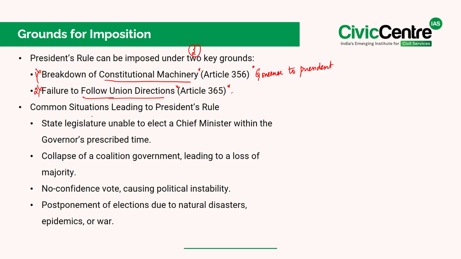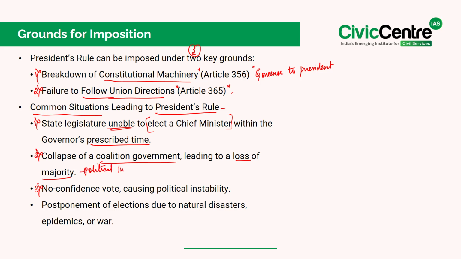And there are several political and administrative situations that can lead to the President's rule. One such scenario is when a state legislature fails to elect a chief minister within the prescribed time frame, making governance impossible. Similarly, the collapse of a coalition government resulting in the loss of majority support in the legislature can create political instability that requires central intervention.